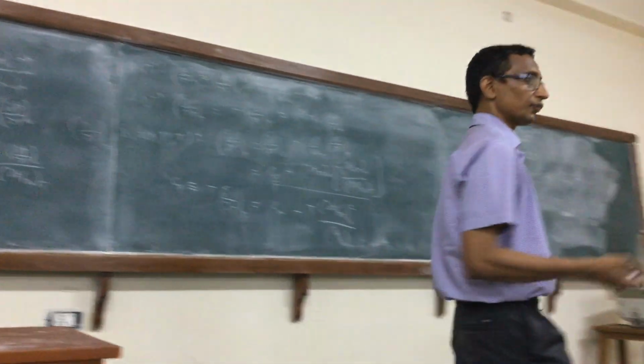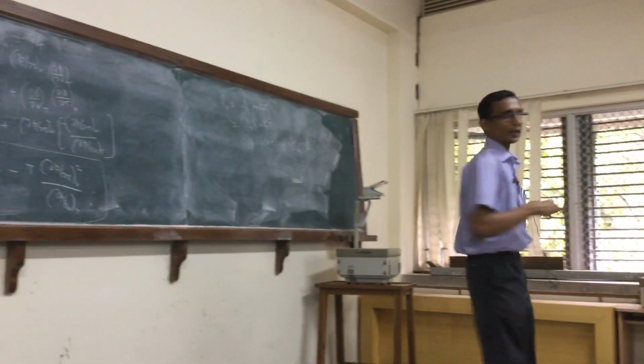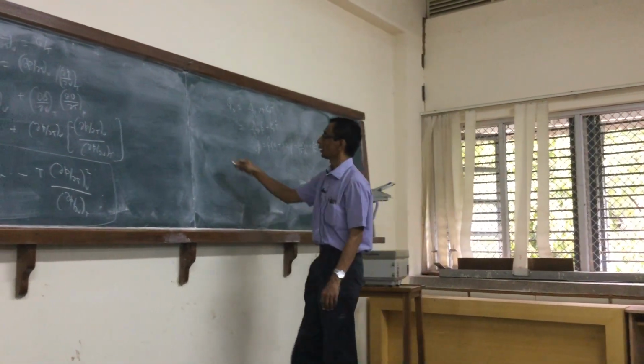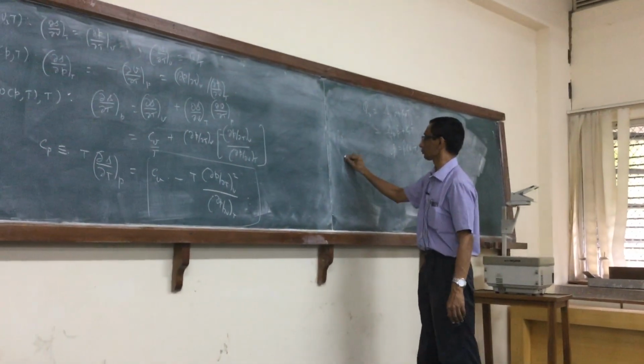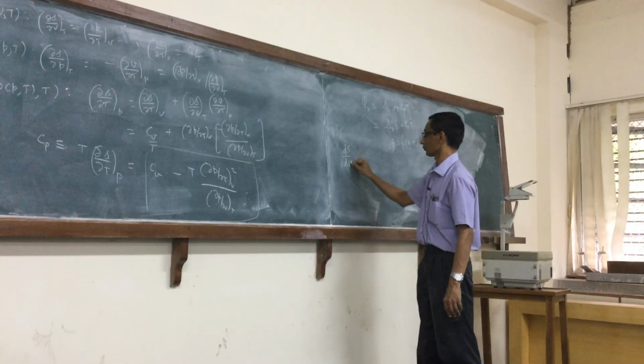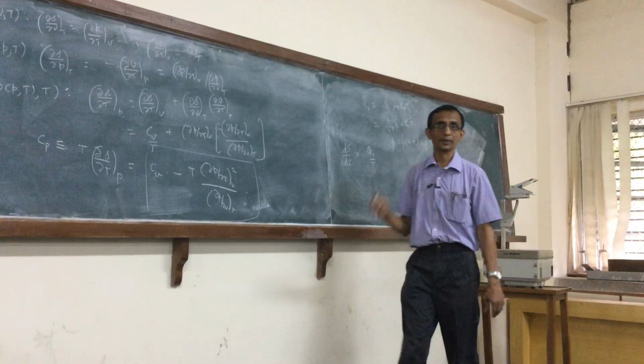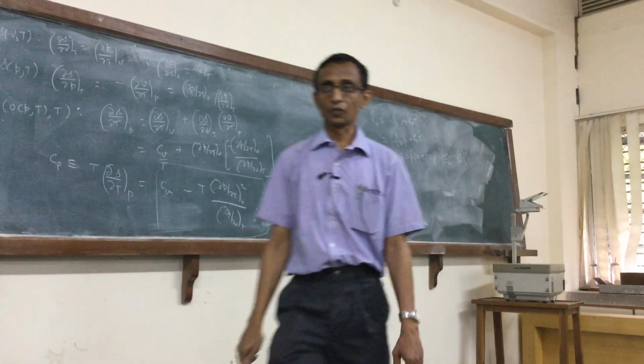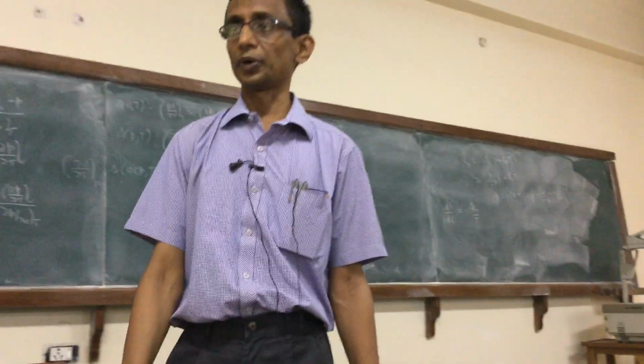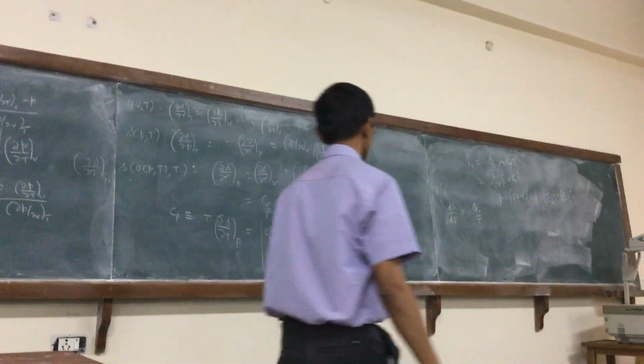On the contrary, if you want to focus on the entropy, we already showed that dS/dt is Qr by T. This is the basic property of the second law of thermodynamics.